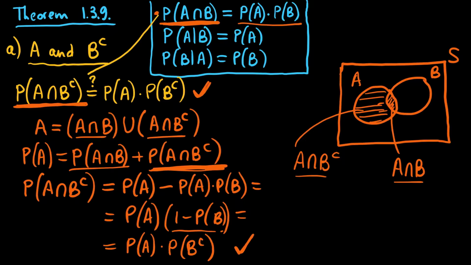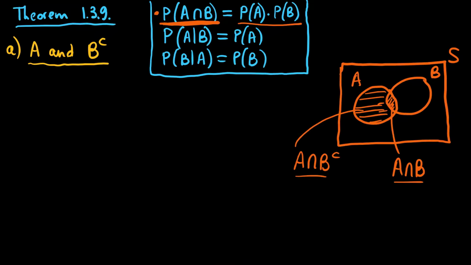Part B is identical, so I won't cover part B, but part C is different, and that one is interesting. In part C, we are asked to show that the complement of A and the complement of B are statistically independent. So what are we trying to show?